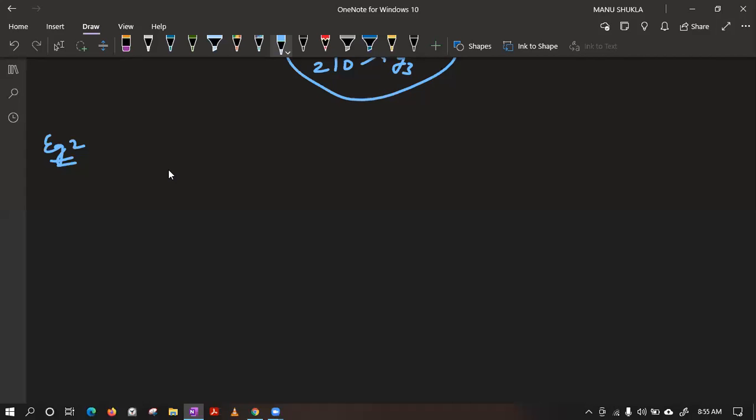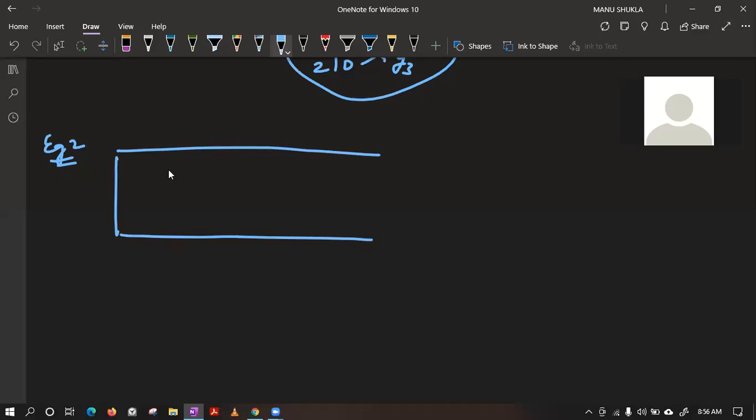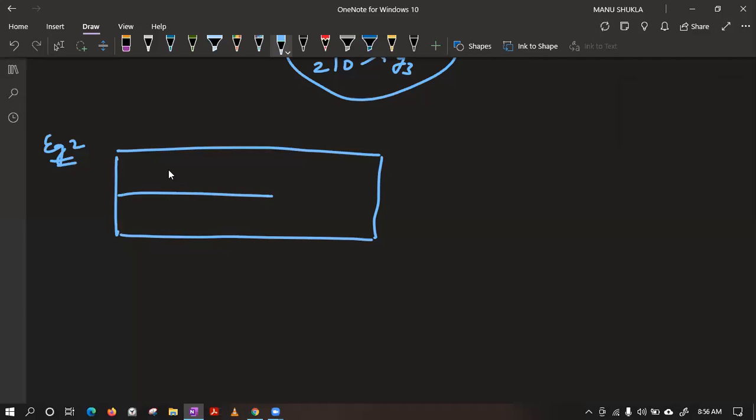Example number 2. So what is this? An electric pole 14 meters high casts a shadow of 10 meters. This time we have an electric pole like this, which is making a shadow on the ground.